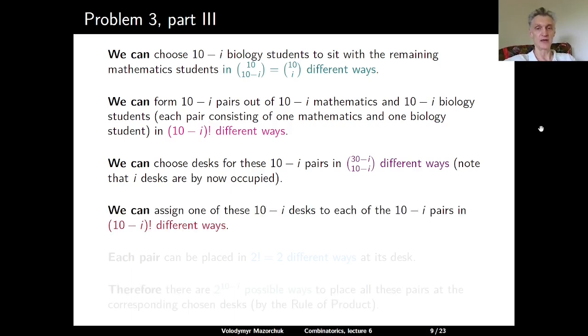Next, we have now 10 minus i pairs and 10 minus i desks. So we assign a desk to each pair in (10 minus i) factorial different ways.